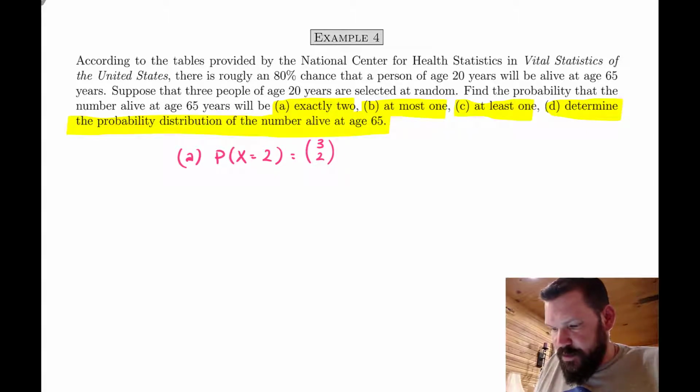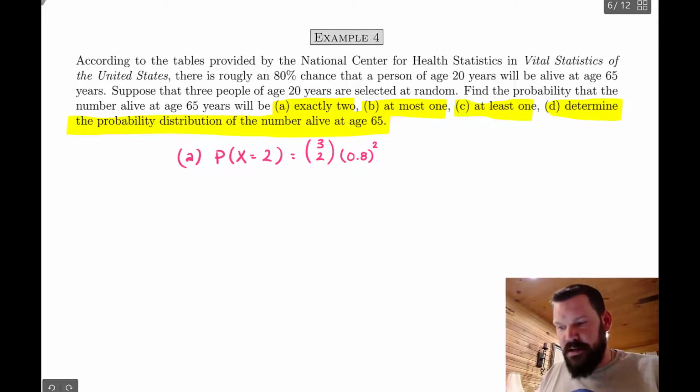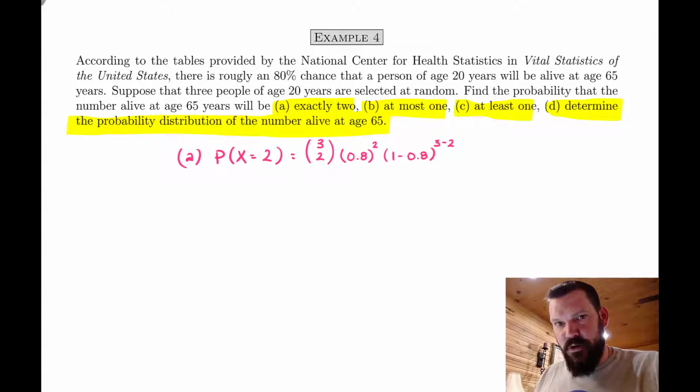And the probability of a success is 0.08. And we raise that to the second power because that's the number of people we're looking for. Then we have 1 minus 0.08, and this is going to be to the 3 minus 2 because that's our upper value on the binomial coefficient, and then the lower value on the binomial coefficient.